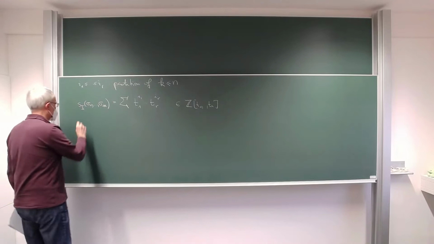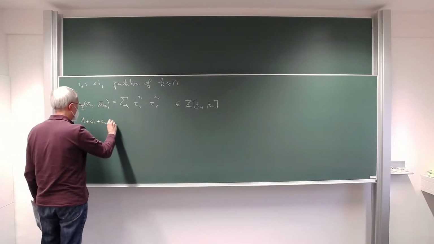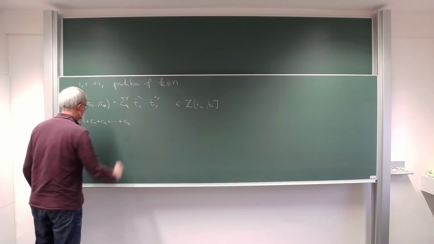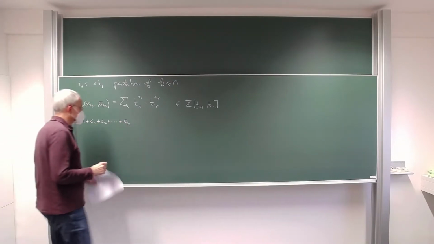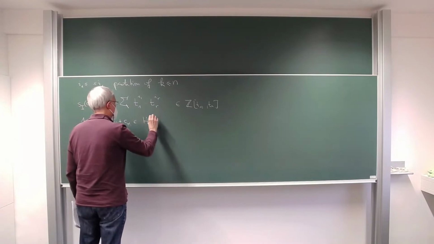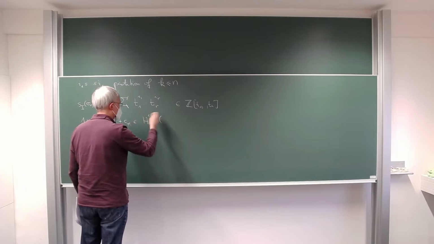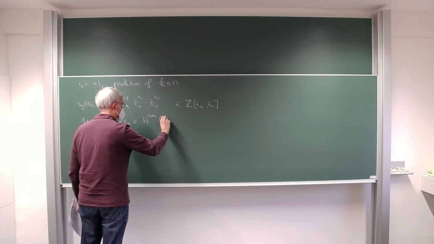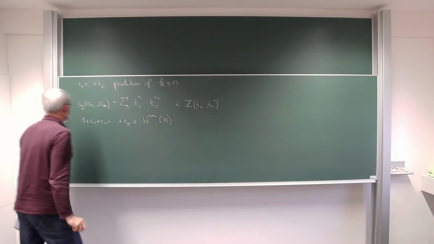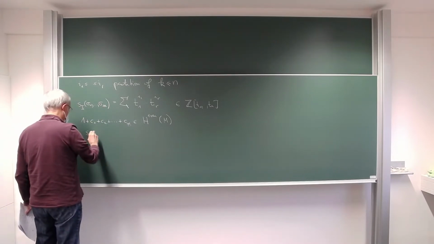Now, if we have a Chern class, which looks like this, c1 up to cn, a Chern class for a bundle over a manifold M, then we can take these Chern classes and insert them in this polynomial Si.